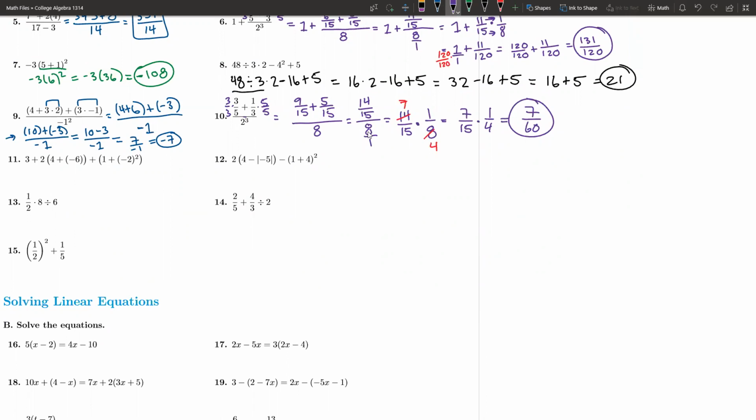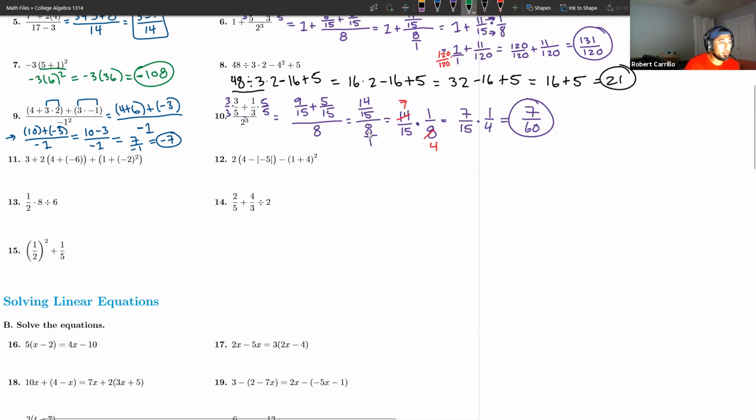All right. Oh man, look at number 11. Ooh wee. All right. 3 plus 2 times 4 plus negative 6 plus parentheses 1 plus negative 2 squared. All right. So here's what we're gonna do. Let's go ahead and work inside the parentheses, and let's work this one first.